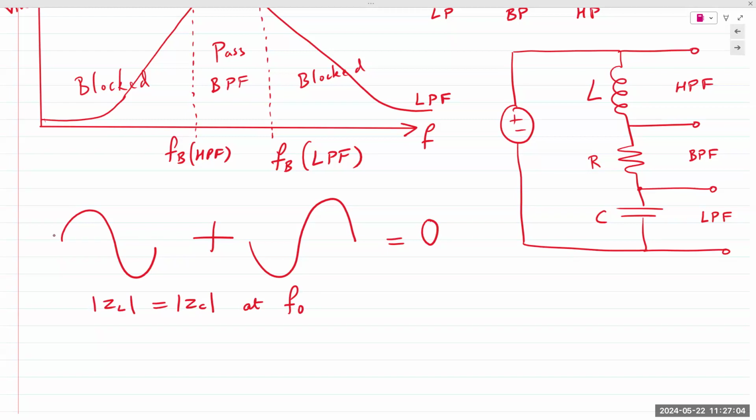But the phase is exactly the opposite. So the cumulative effect of ZL and ZC connected in series is 0.